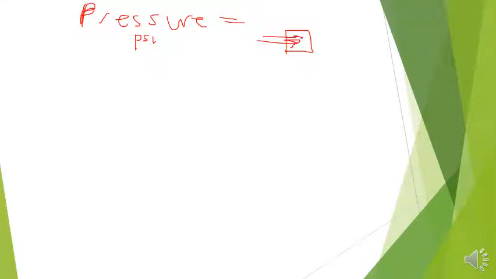You don't have to know that, but PSI is a measure of pressure. And it turns out that barometric pressure, the amount of pressure that's actually around us, touching us, pushing against us all the time, is about 15 pounds per square inch. Now to put this in perspective, let's say the top of your head is a square.